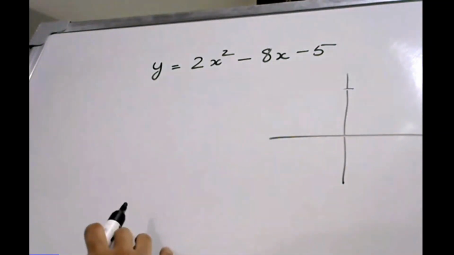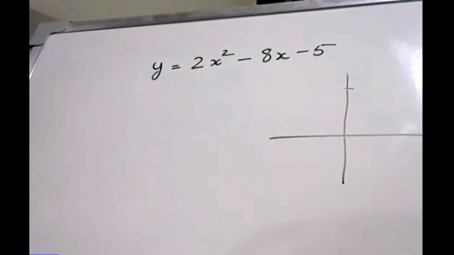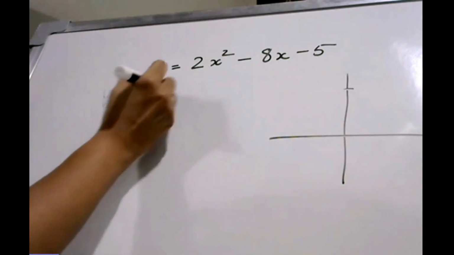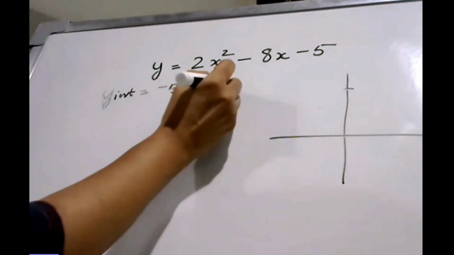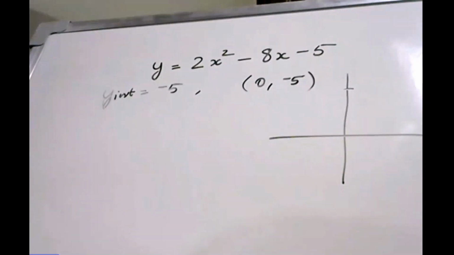Where it touches the y-axis is known as the y-intercept. So at that point, the x value will be 0. So the y-intercept is equal to -5, and the coordinates of that y-intercept will be 0, -5.